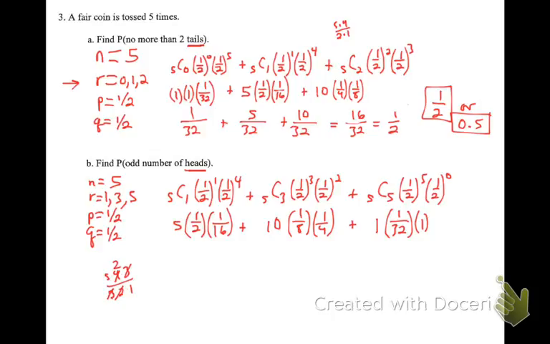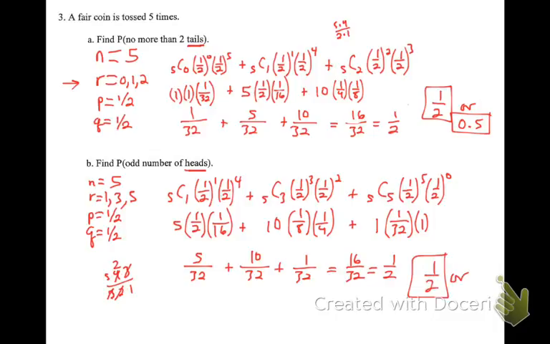So we have 5 over 32, because 5 times 1 times 1 is 5, plus 10 over 32, plus 1 over 32. And that all adds up to 16 over 32, and coincidentally, we get the same answer as part A. So 1/2 or 0.5.